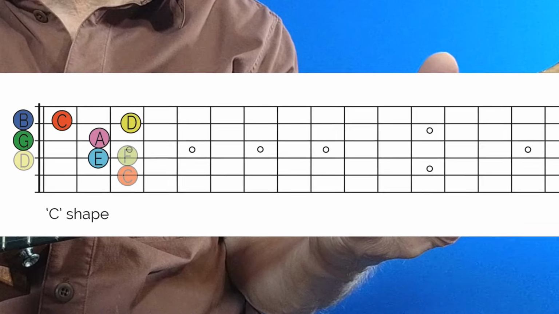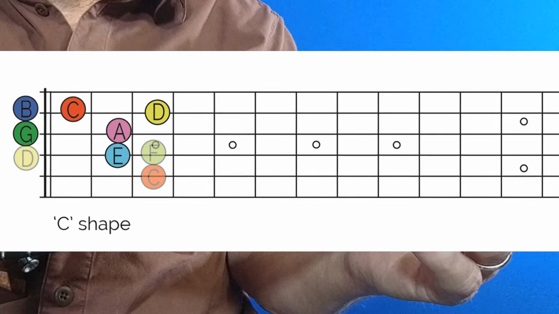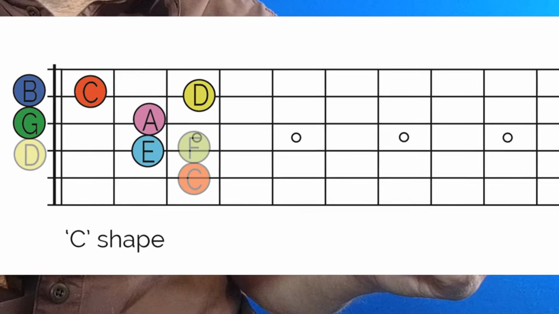This diagram shows the C major scale plus the high D. I've faded out the notes of the scale not used in the melody.